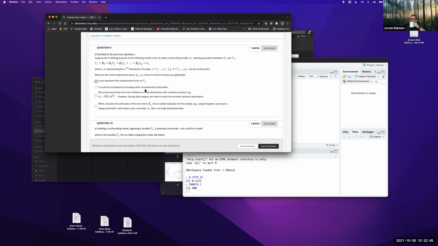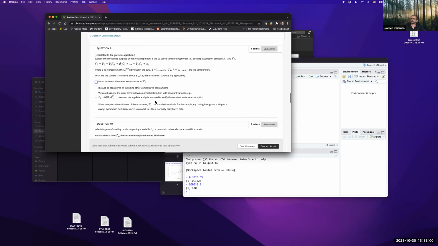It could be considered as including other unmeasured confounders, which is true because these are the ones you haven't accounted for or quantified, and they are contained in your residual error term. We could assume the error term follows a normal distribution with constant variance, yes. However, during data analysis, we need to verify the constant variance assumption.